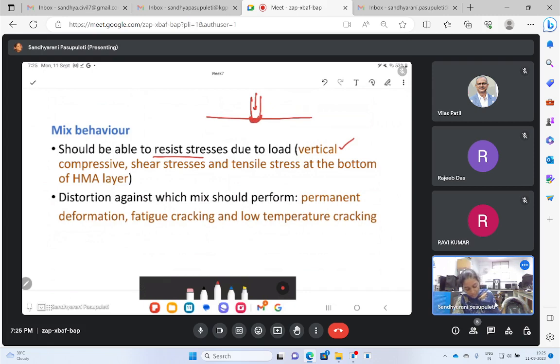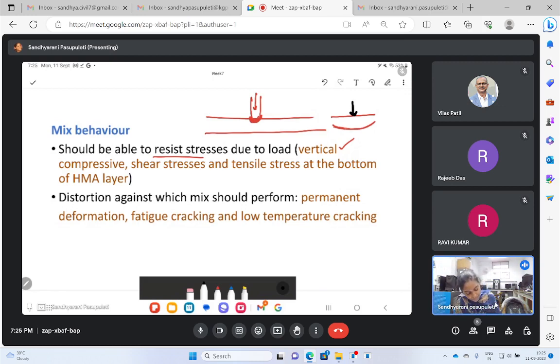Another thing is, as you keep applying the loads, this bituminous pavement may try to bend like this, because this happens due to the repeated application of loads. As the length of the bituminous layer is more, as you keep applying the top loads, it may try to bend.